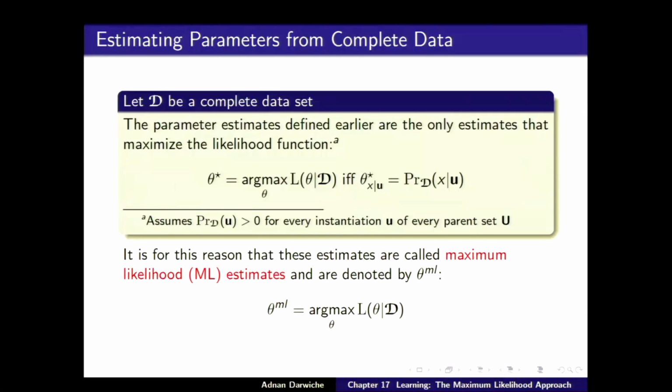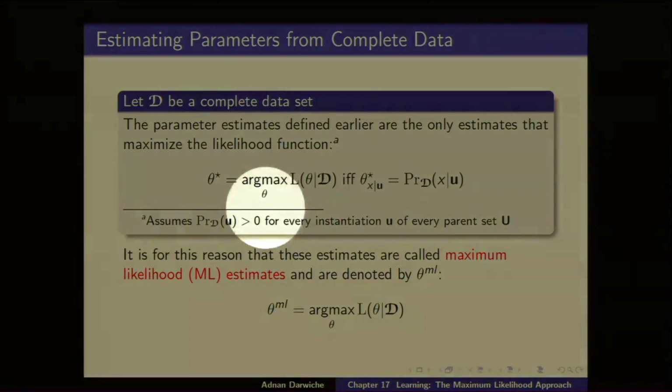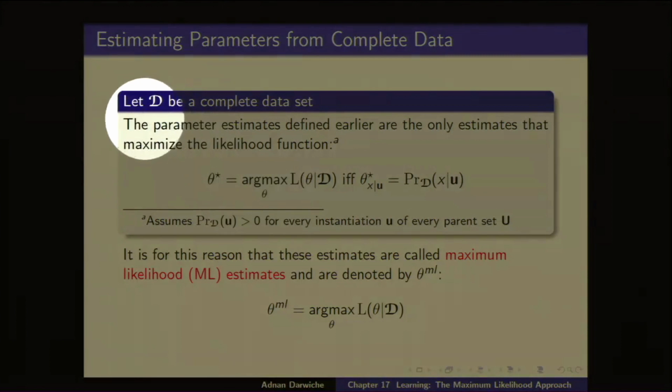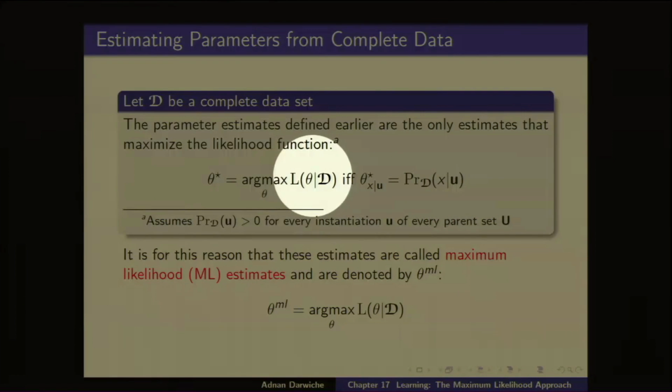Now, here's our first result. Our estimates that I showed you the equations for were based on the empirical distribution. We didn't justify them. We just said, let's estimate them based on the empirical distribution. But they turn out to be the unique maximum likelihood parameter estimates, in the sense that if you are trying to find the parameter estimates theta that have a maximum likelihood, as we just defined it, so you're doing this argmax of theta, that's the same as the parameters computed according to the empirical distribution.